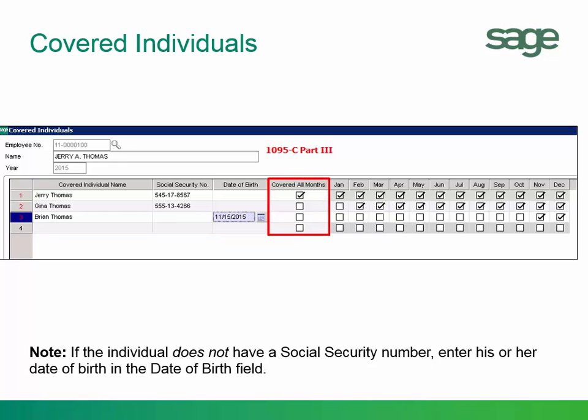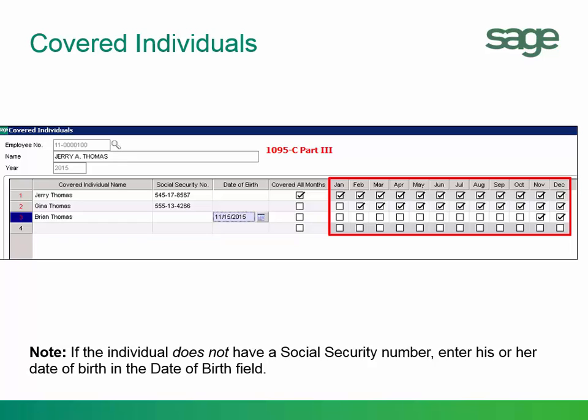The Covered All Months checkbox. Select this checkbox if the individual was covered for at least one day in every month of the year. Otherwise, clear this checkbox. So then there are the individual months checkboxes. If the individual is not covered at least one day in every month of the year, select the checkbox for each applicable month in which he or she was covered.